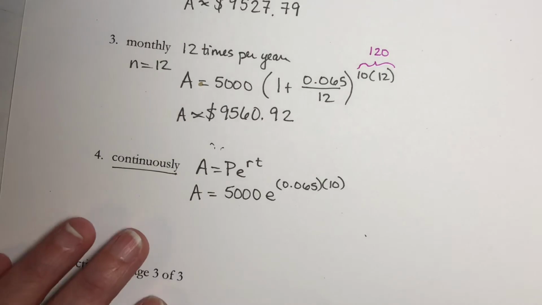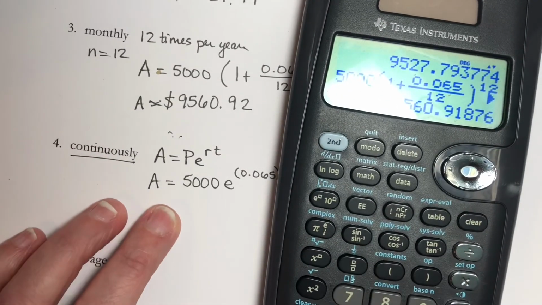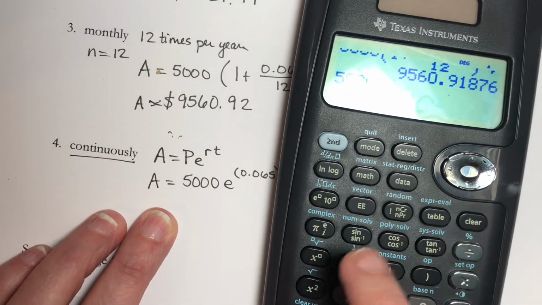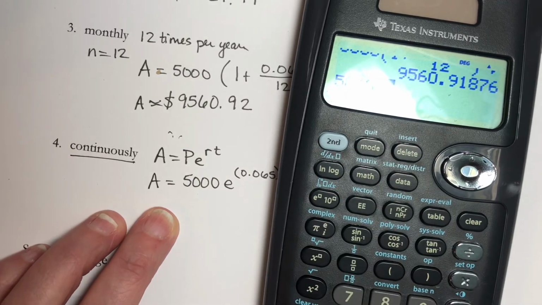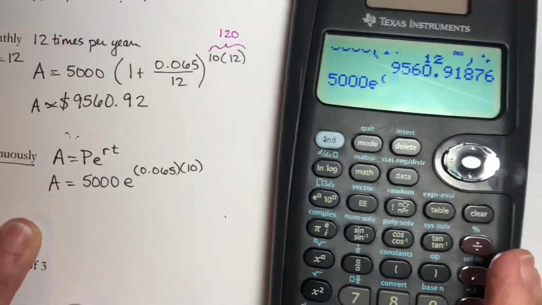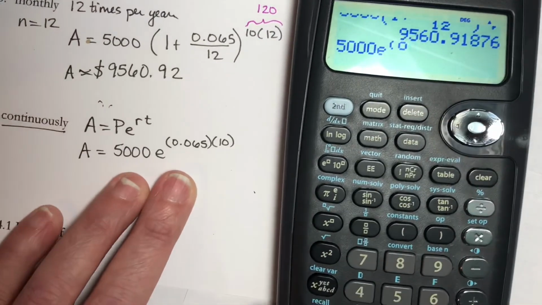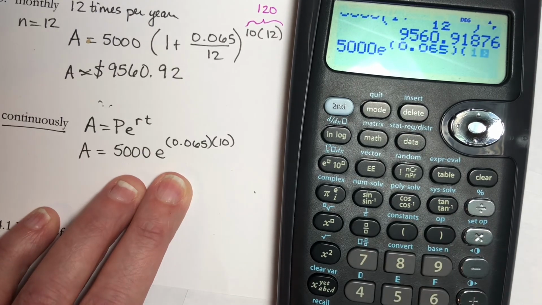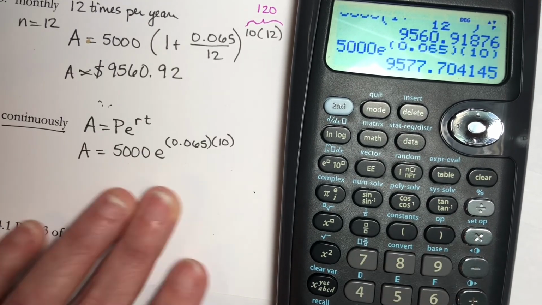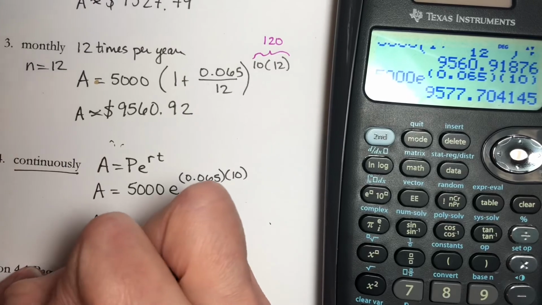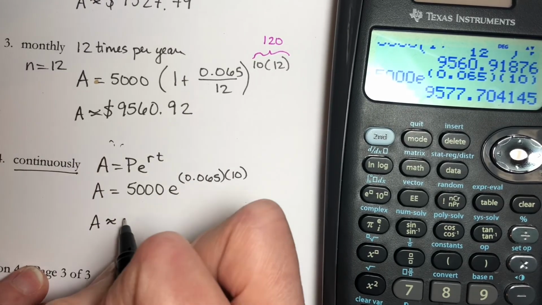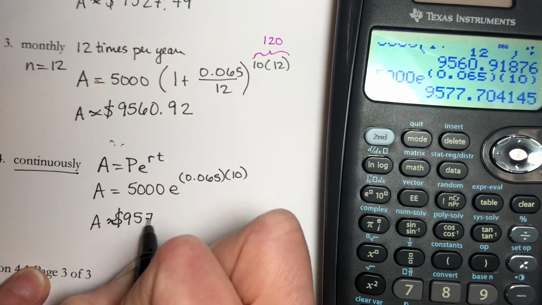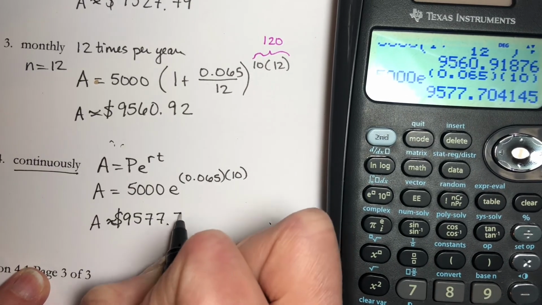Now I'm going to enter this in my calculator again, 5,000 times e, whoa, wrong button, e raised to the 0.065 times 10, and that should do it. So our amount is approximately $9,577, and that's going to be 70 cents.